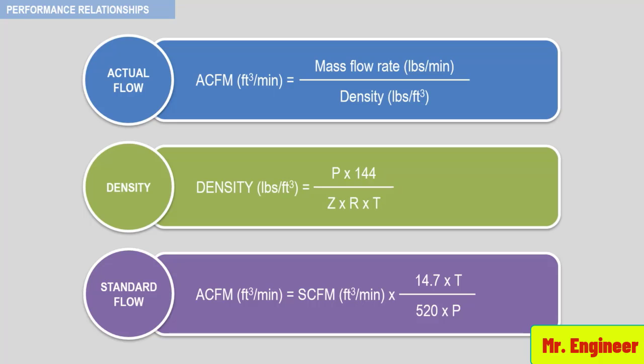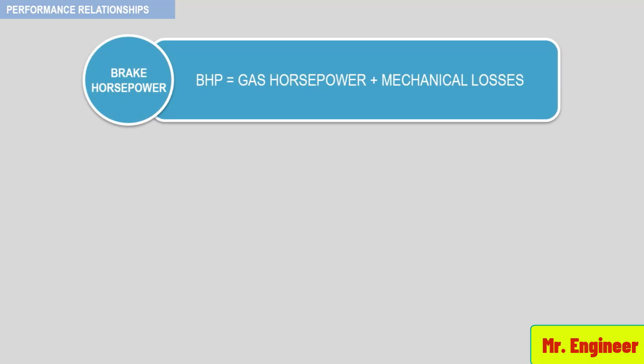To calculate the brake horsepower of the compressor, you can use the following equation. So, summing the gas horsepower and the mechanical losses. The mechanical losses of a compressor include the bearing losses, the mechanical seal losses, and any other type of friction losses.